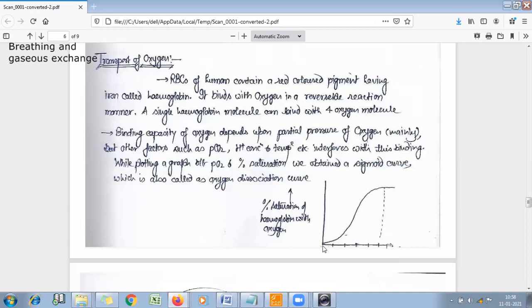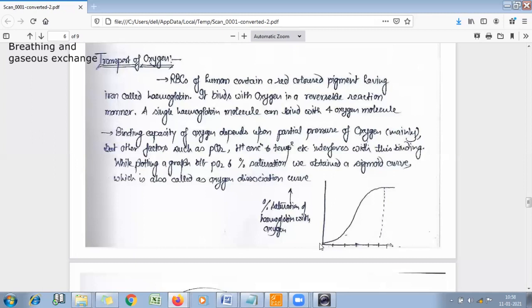We can see here that on increasing the partial pressure of oxygen, it first shows the lag phase, then the log phase, and at last the saturation or steady or constant phase. So up to a certain limit, hemoglobin binds with oxygen very fast, but after a certain limit, the graph shows a plateau structure.